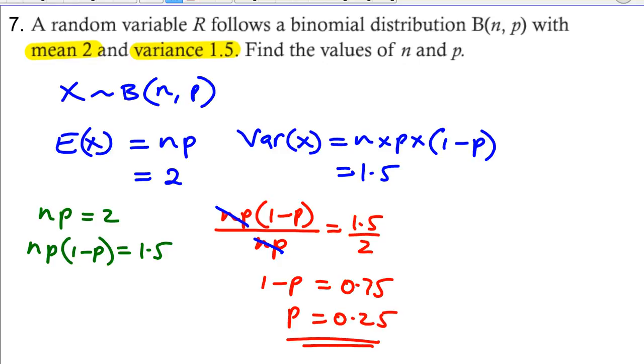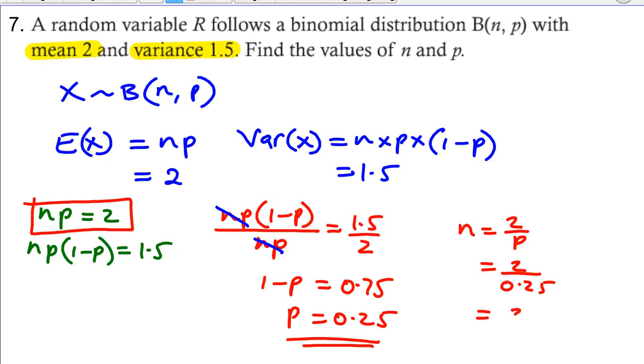So we have what p is. Now to find n, we divide 2 by p, because we know what p is. That will be 2 divided by 0.25, which is equal to 8. So n equals 8 and p equals 0.25.